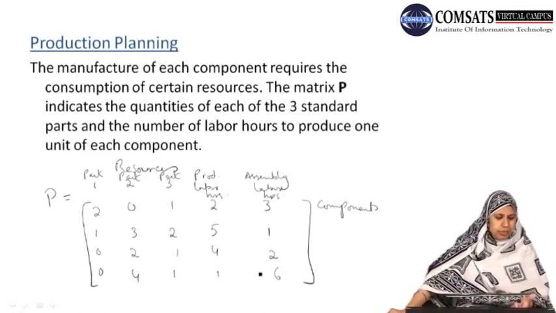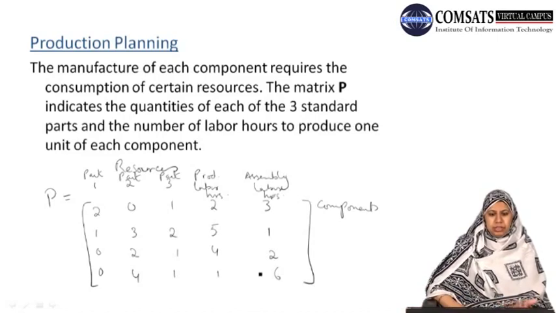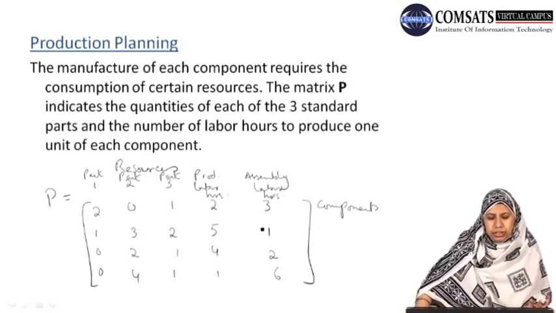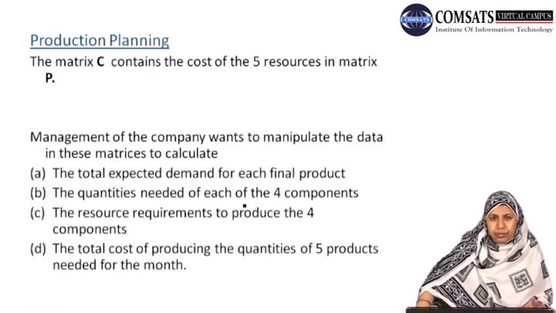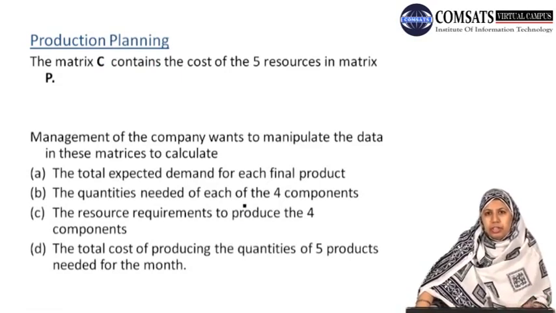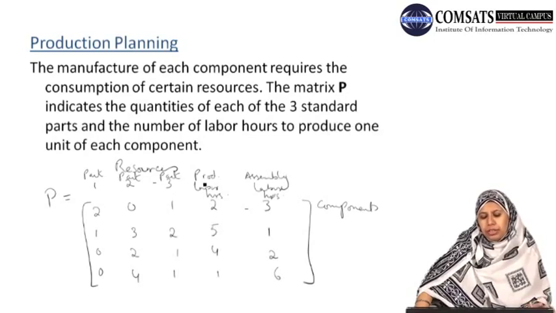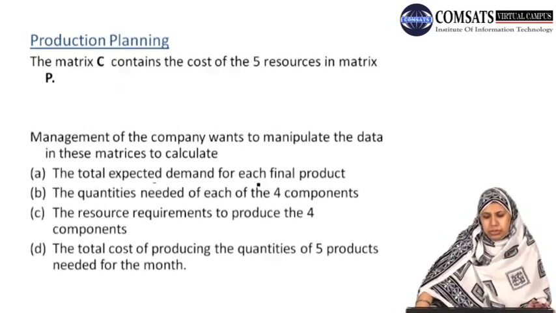Now we have 3 matrices, matrix S, matrix R and matrix P. We are also given further information that we have a matrix C which determines the cost of each of the 5 resources. That is, the cost required for part 1, part 2, each unit of part 3, the production labor hours, and the assembly labor hours.